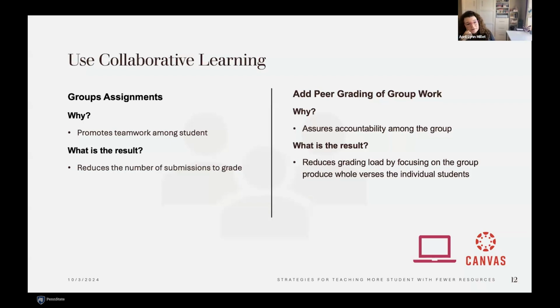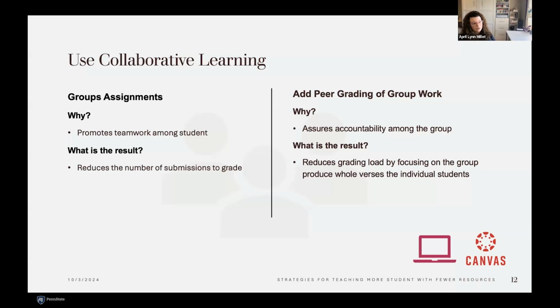Pedagogically, this helps students develop their critical thinking skills, communication skills, teamwork skills, all those kinds of skills that they're going to need once they're out in the world and having jobs and lives. And all at the same time, it's helping students gain a deeper understanding of the subject matter through that process.